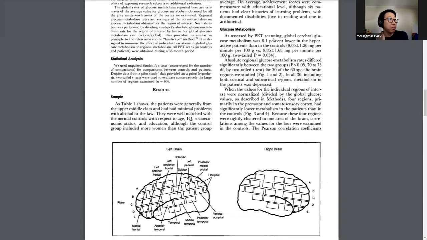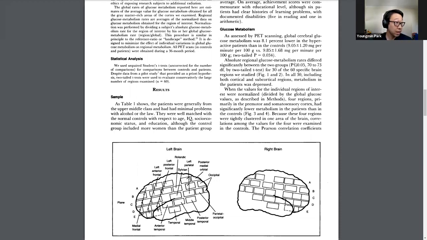Results: glucose metabolism. Assessed by PET scanning, global cerebral glucose metabolism was 8.1% lower in the hyperactive patients than in the controls. All right, so already, right off the bat, if you just take the glucose uptake in ADHD brains, the overall activity is just straight up lower than the control group.